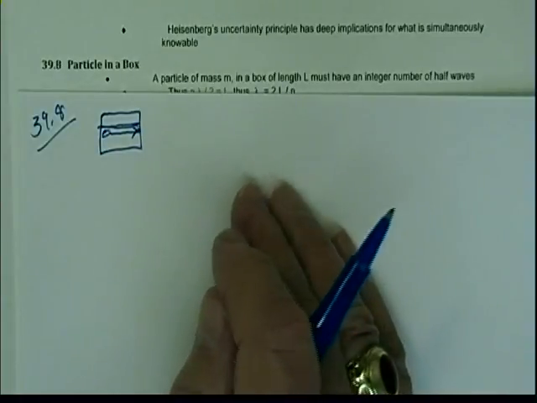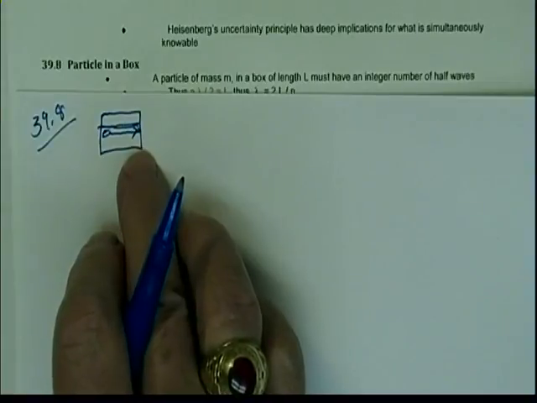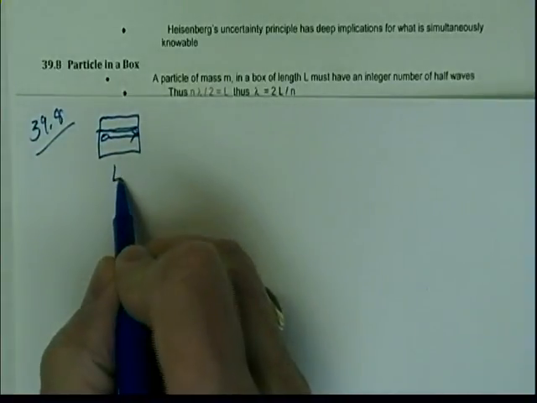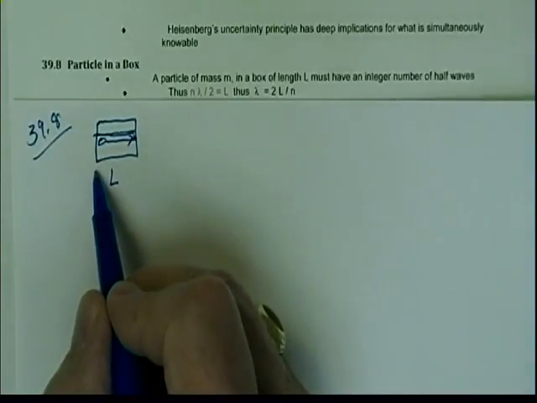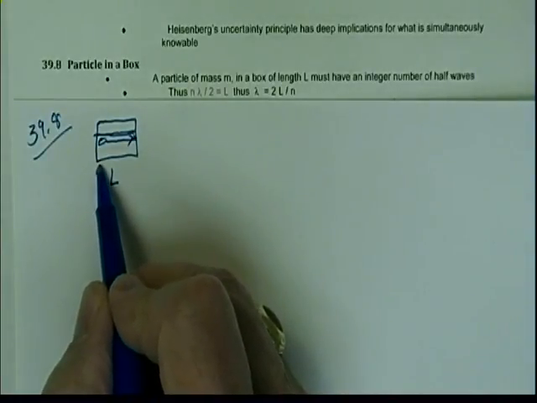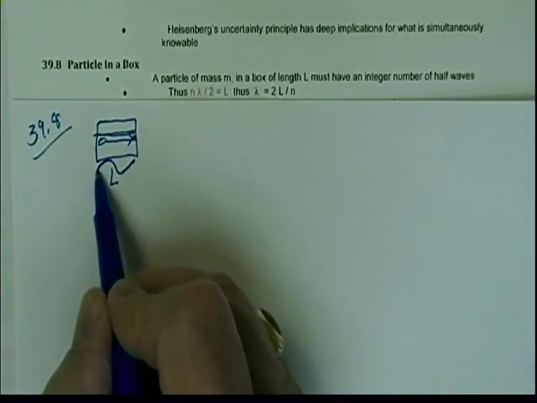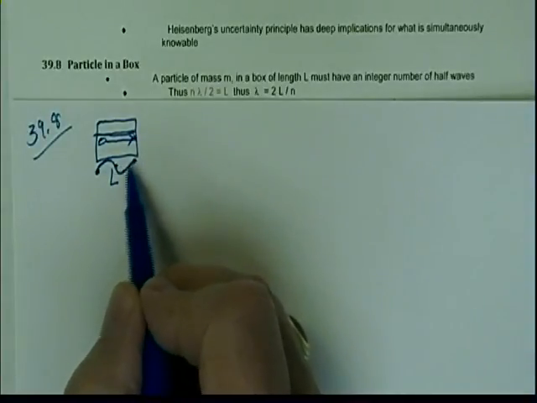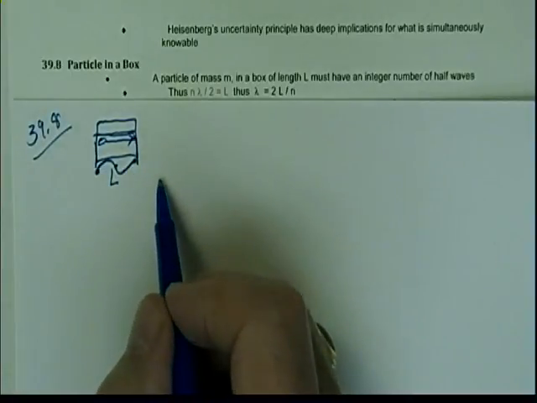But in quantum theory, something very different happens. When we contain a particle inside a box that has a length L, the probability wave must end up having a node. Now here's a node, here's a node, and here's a node at exactly this side of the box and this side of the box.